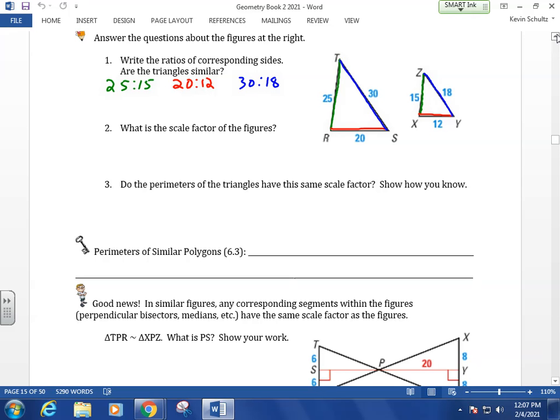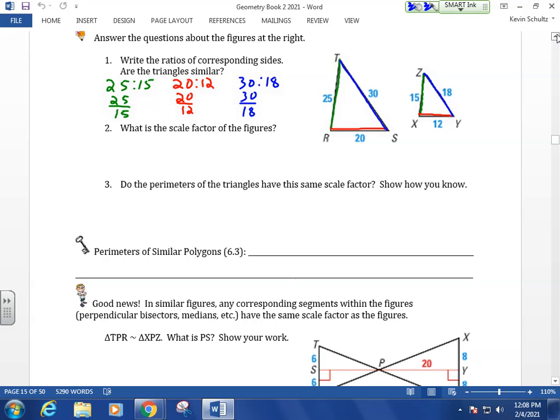And if they're similar, then all the corresponding sides are going to be proportional. So whether we look at these corresponding sides as ratios, or we could write them as fractions also. Here's 25/15. This would be 20/12. This would be 30/18.